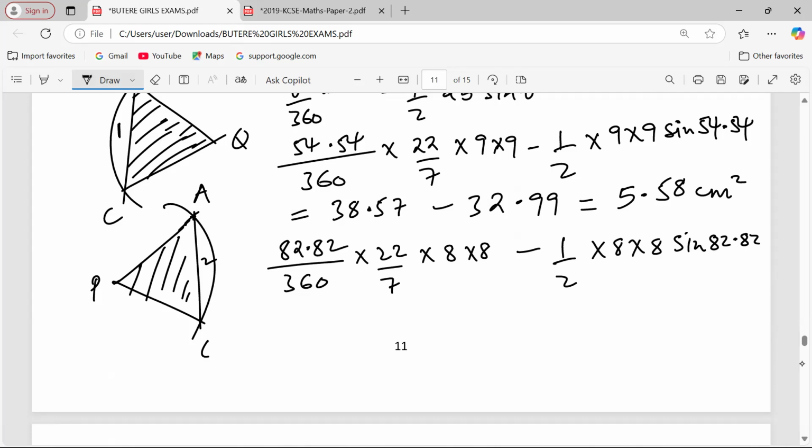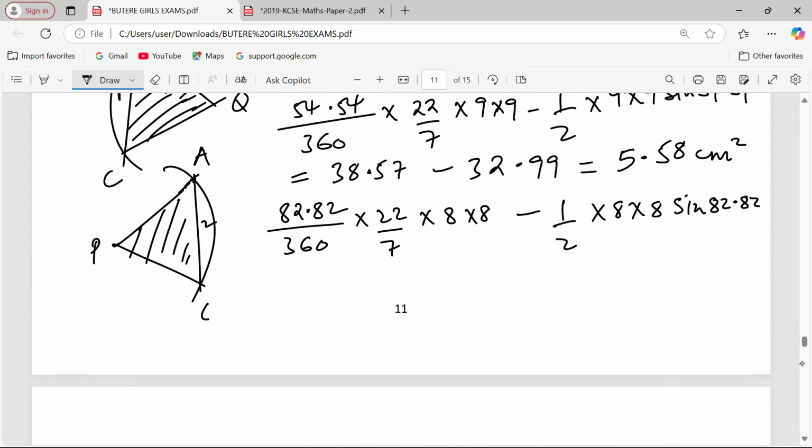So what are these values? We can compute them very quickly. 82.82 multiplied by 2 multiplied again by 8 by 8. Then we divide everything by 360 by 7. This gives us 46.27, minus half multiplied by 8 times 8, the sine of 82.82. This gives us exactly 31.75.